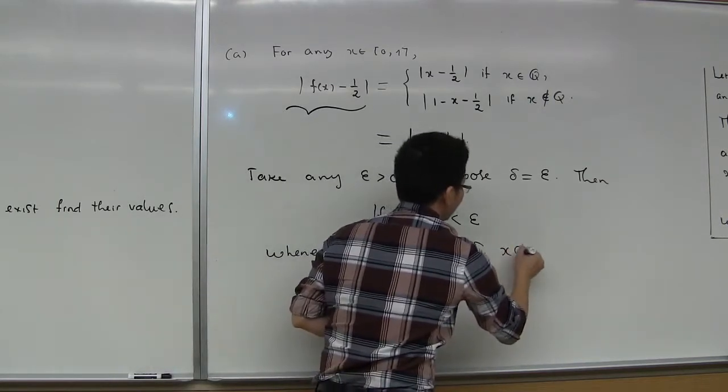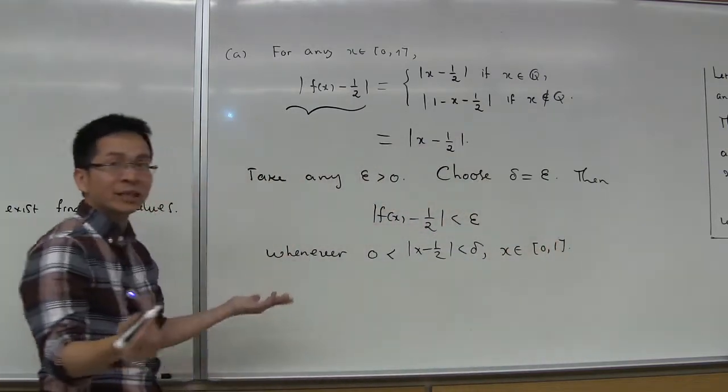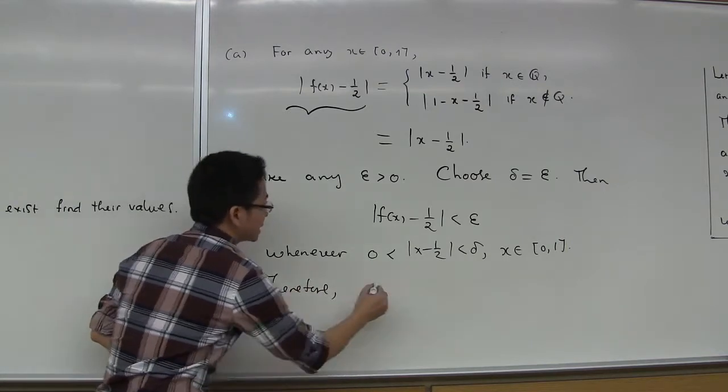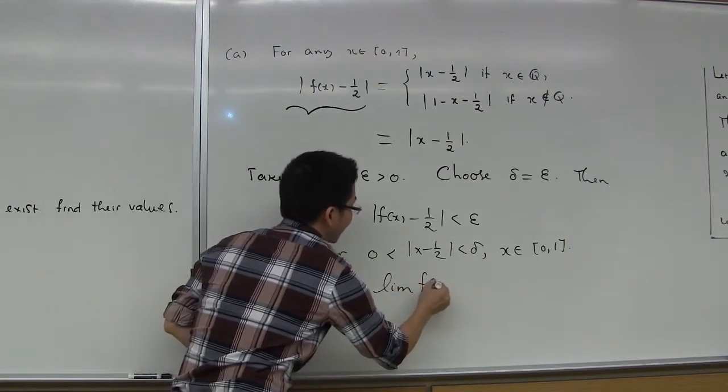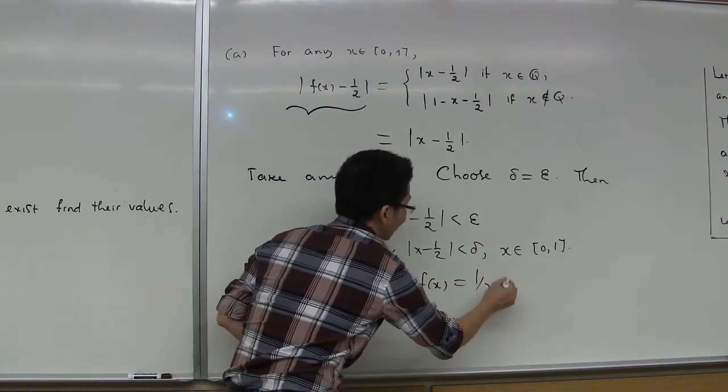And notice that x is in the interval 0, 1. Okay, so by the definition of limit, therefore, we can see that the limit of the function f of x as x approaches 1/2 is 1/2.